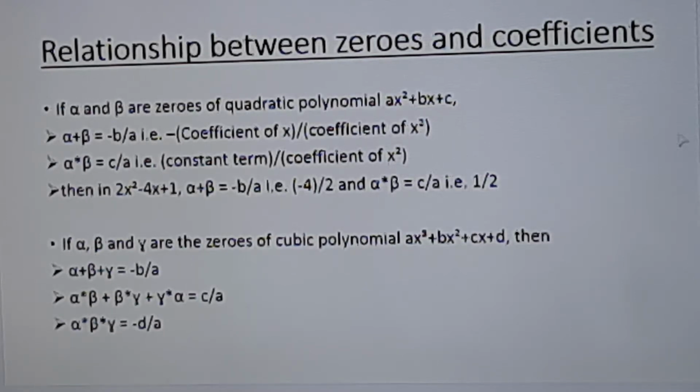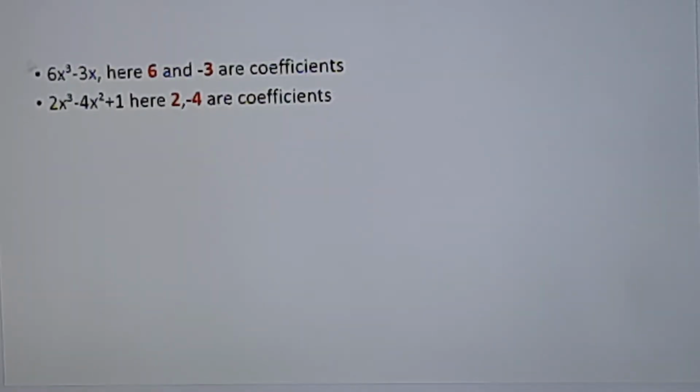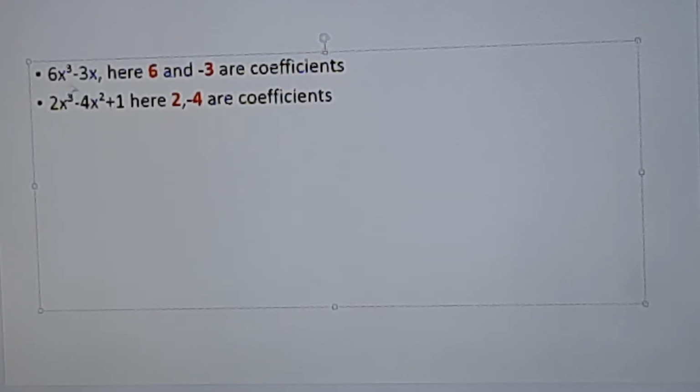Now coming towards coefficient. Coefficient are the numbers which are written with the variables. For example, if we have polynomial 6x cube minus 3x. So in this polynomial, 6 is the coefficient of x cube and minus 3 is the coefficient of x.